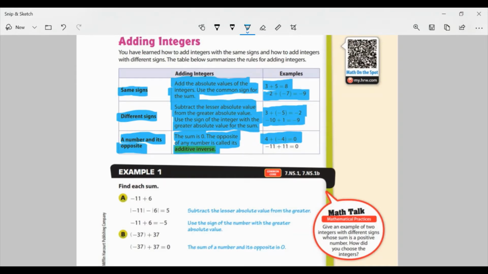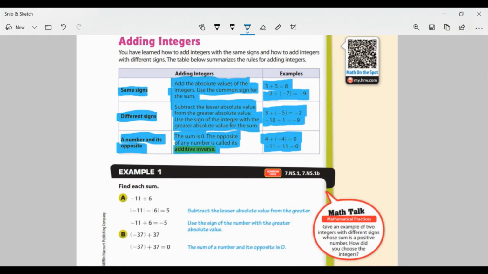I gave you the definition of additive inverse. So 4 and -4 are opposites, and when you add them together, you get 0. The one underneath, -11 plus 11, also equals 0. They have the negative integer in front, but they're opposites. So when you combine them, you're going to get 0 every time.